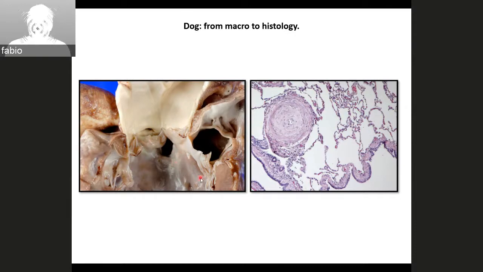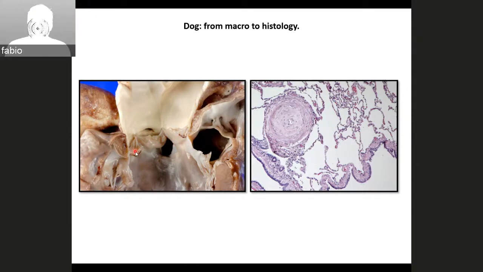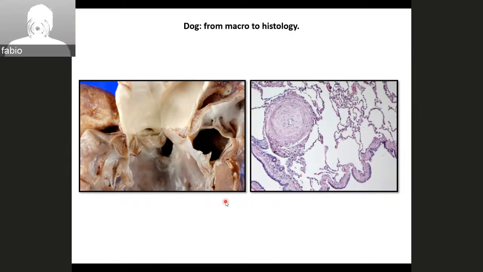As I showed yesterday, this portion is between the right coronary cusp and the non-coronary cusp, because that's the left, right, and non-coronary. So this area is between the right coronary and non-coronary. So it looks like there is a communication between the left ventricle and I guess the right ventricle.